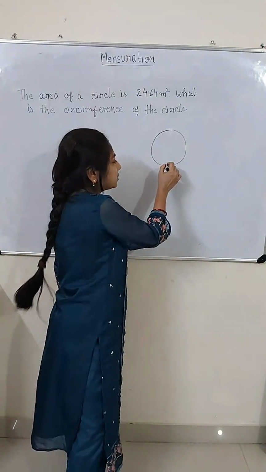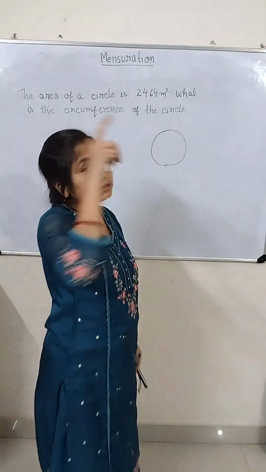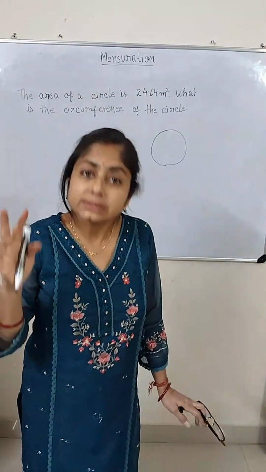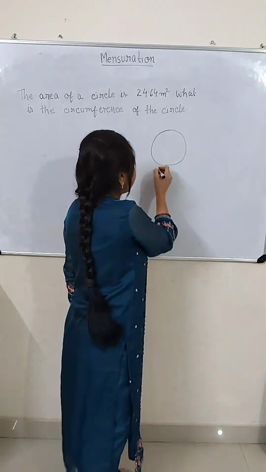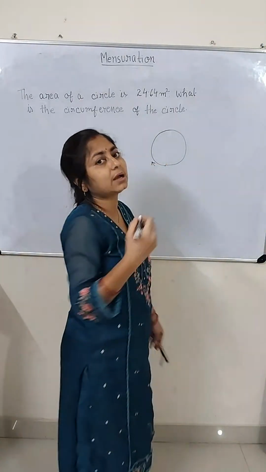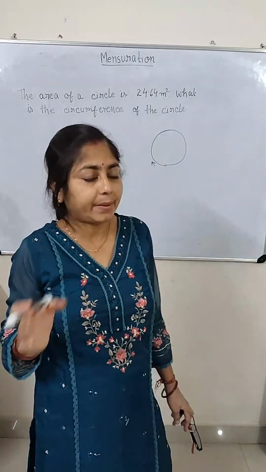Suppose you start from here, you go around and come back to that point. This border line is called the circumference. Clear?